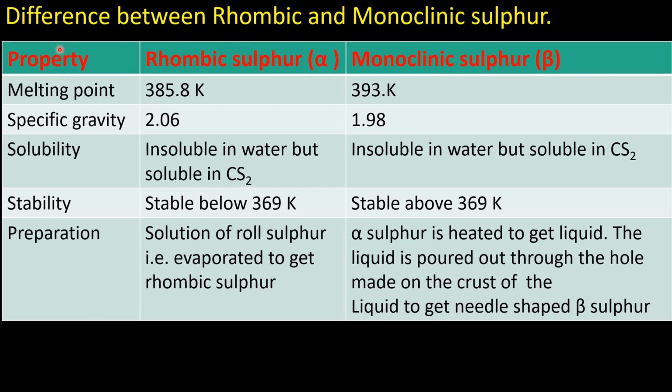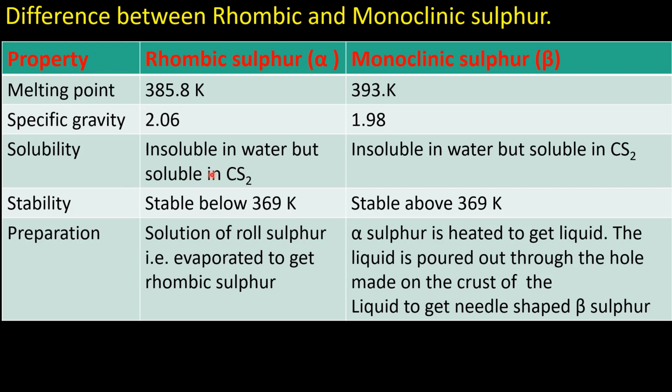Now let us see the differences between rhombic and monoclinic sulfur. Rhombic sulfur is also referred to as alpha sulfur and monoclinic sulfur as beta sulfur. The melting point of rhombic is 385.8 Kelvin and that of monoclinic is 393. The specific gravity of rhombic sulfur is 2.06 and of monoclinic sulfur is 1.98.